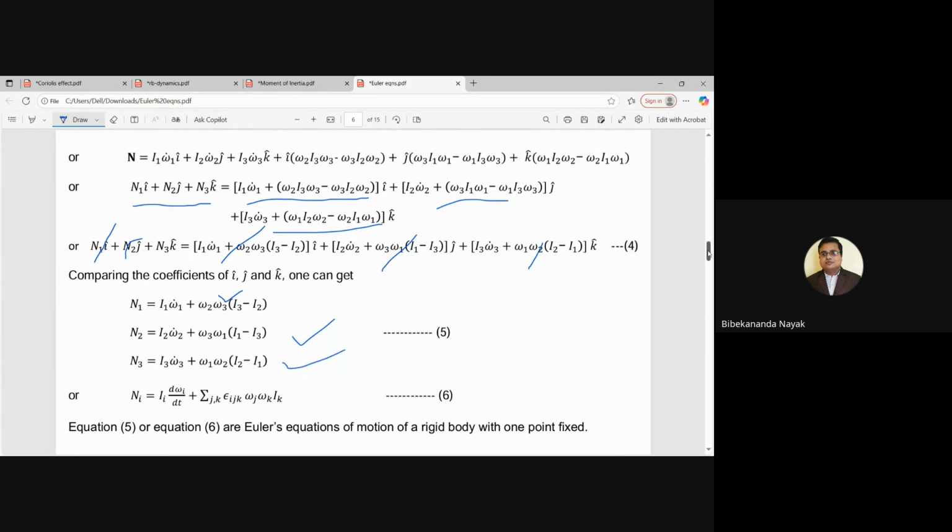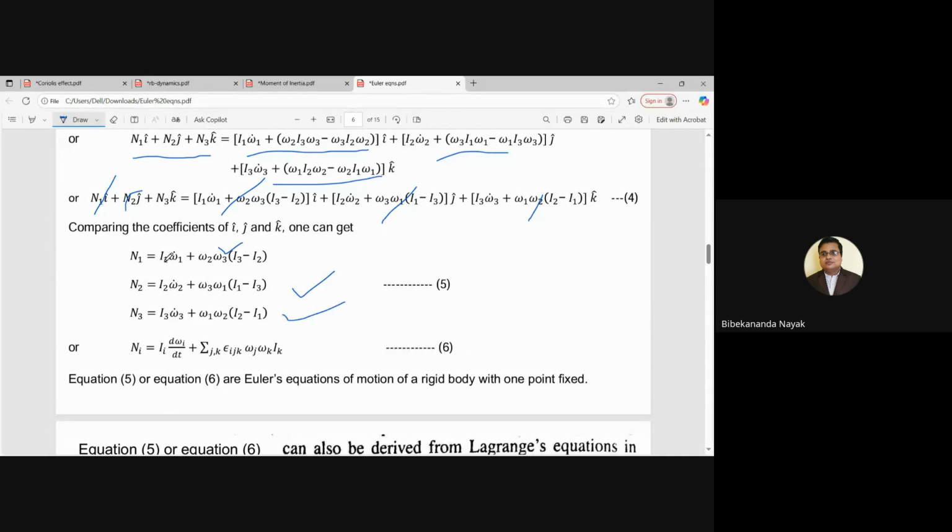In N1, one component is absent: I1 omega 1 dot plus omega 2 omega 3 (I3 minus I2). Similarly, N2 is I2 omega 2 dot plus omega 3 omega 1 (I1 minus I3), and N3 is I3 omega 3 dot plus omega 1 omega 2 (I2 minus I1). The last one is the first minus the first one.